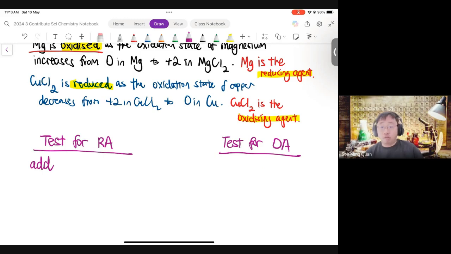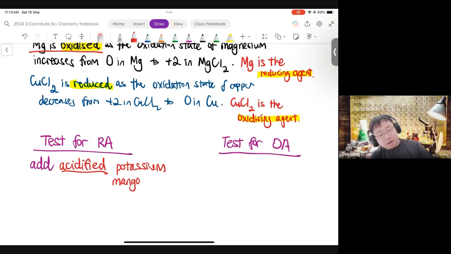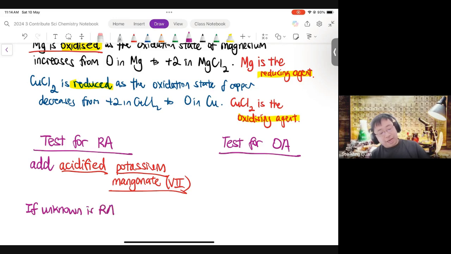So to test for reducing agent, we add acidified potassium manganate 7. Okay, so the test to see whether something is a reducing agent is to add acidified potassium manganate 7. If the unknown substance is a reducing agent, then the acidified potassium manganate will change from purple to colorless.